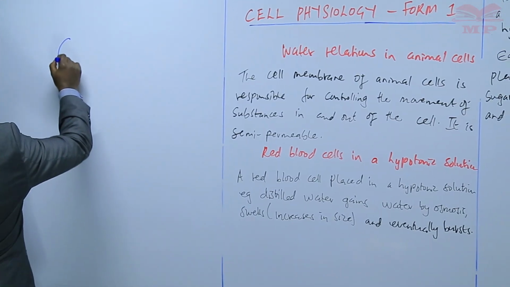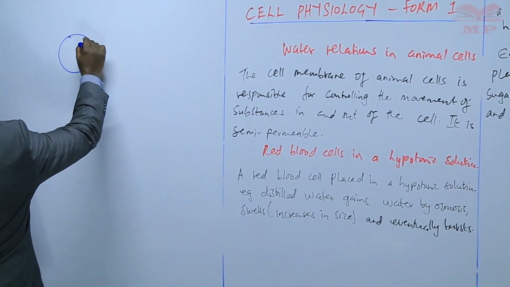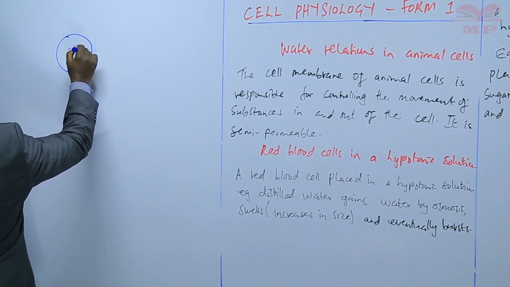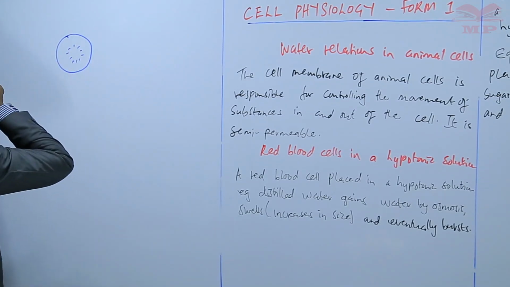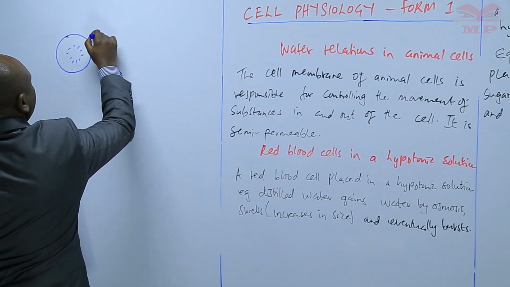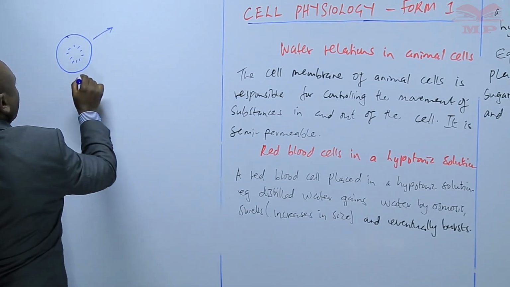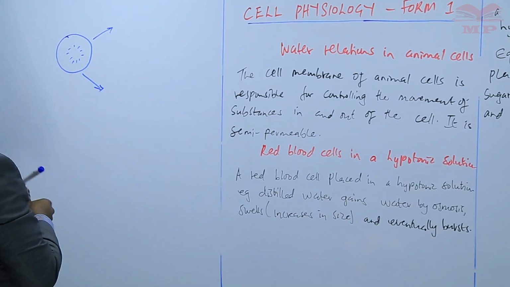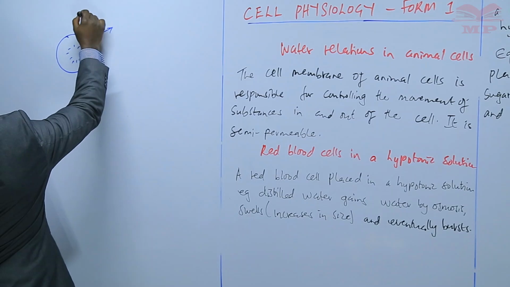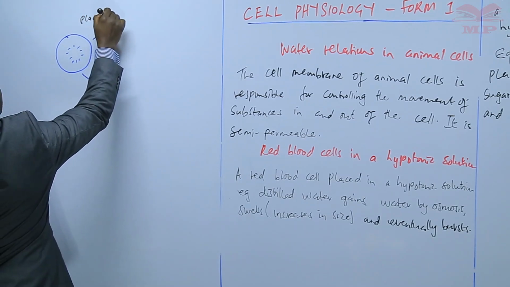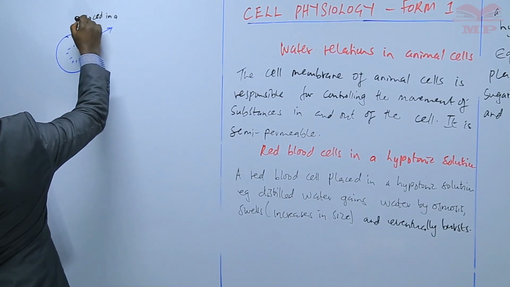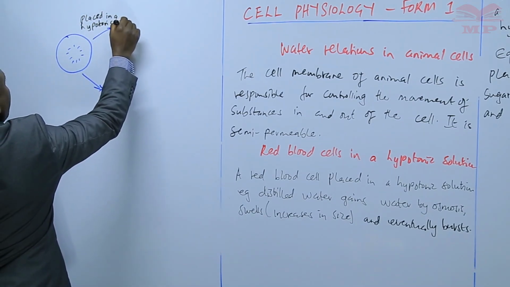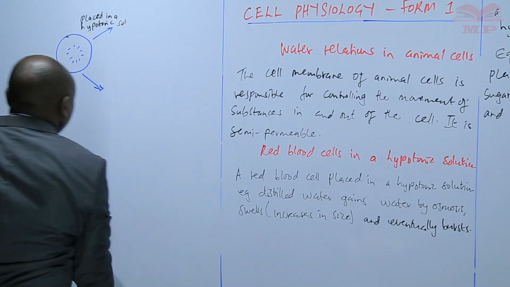So we have, for instance, a red blood cell. On this side, this one is placed in a hypotonic solution.